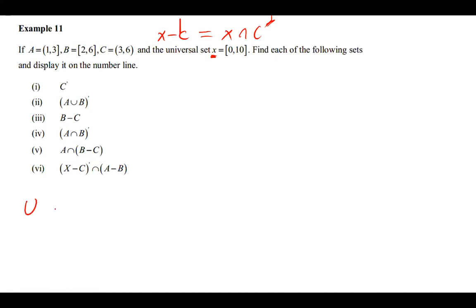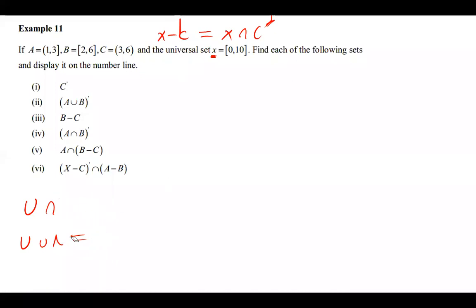We said the universal set intersection A is just A. The universal set union A, the answer is the universal set. So in this case, X is the universal set, and universal set intersection C complement would just be C complement.